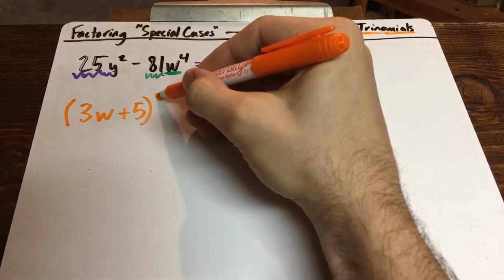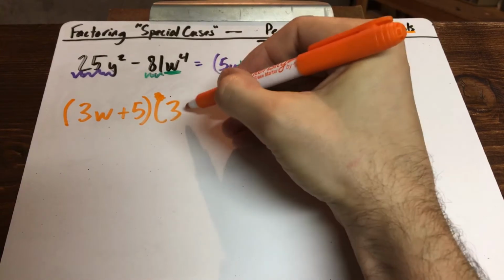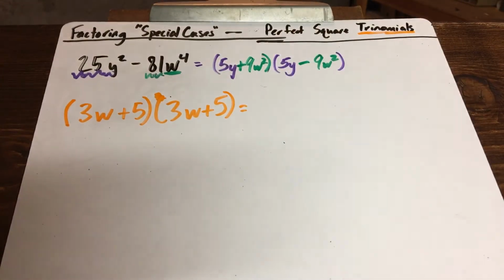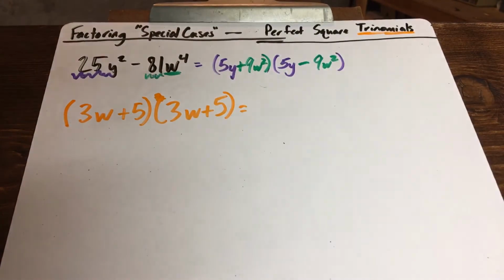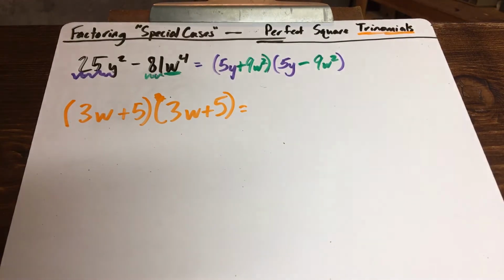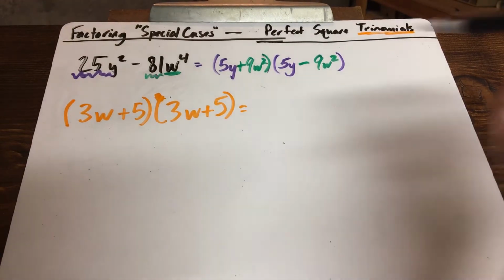Sometimes they would actually put the same parentheses 2 times in a row. Usually they just put the squared sign though, because that's how most textbooks will write it.